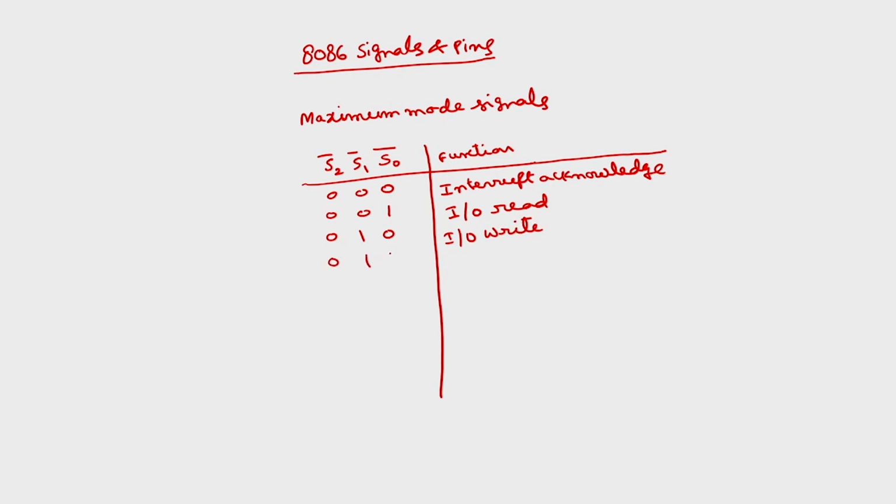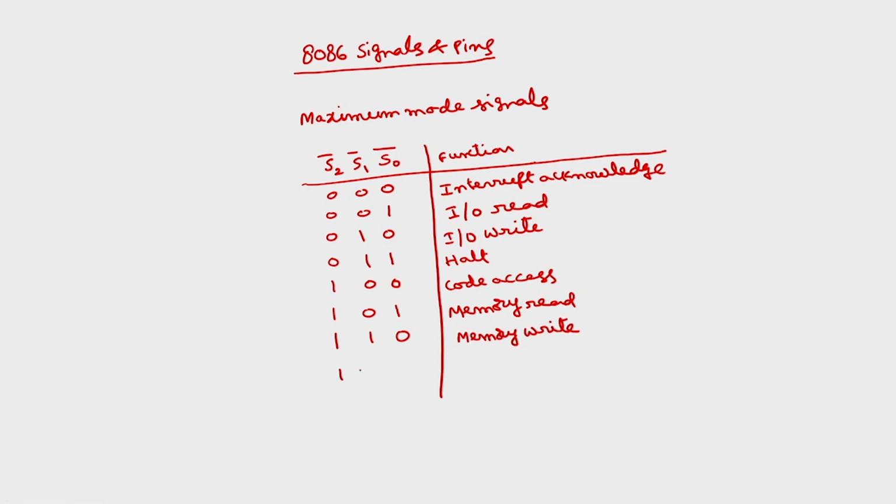For 0 1 1 this is halt operation, and for 1 0 0 this is code access, it accesses the code. 1 0 1 is memory read, here this is IO read, whereas here this is memory read. 1 1 0 is memory write, whereas 1 1 1 is not used.